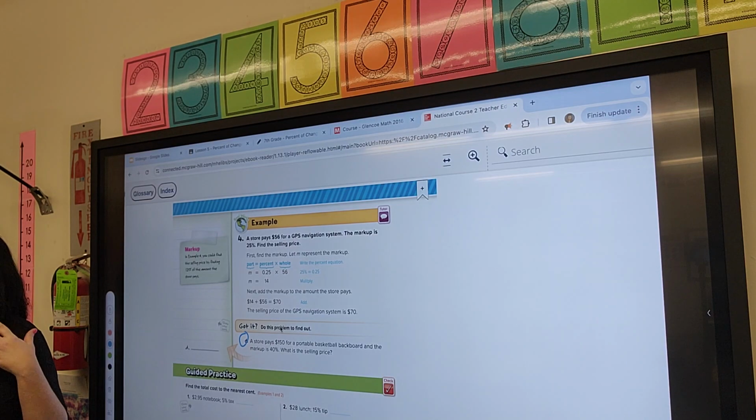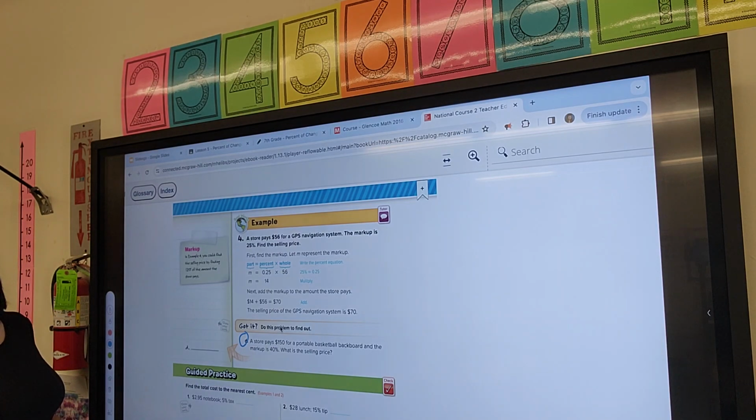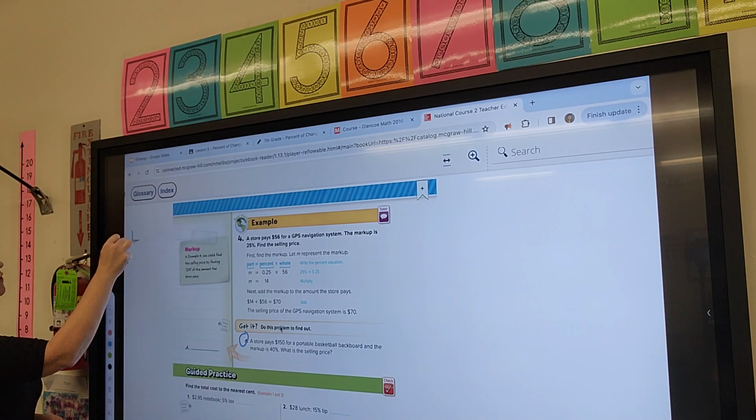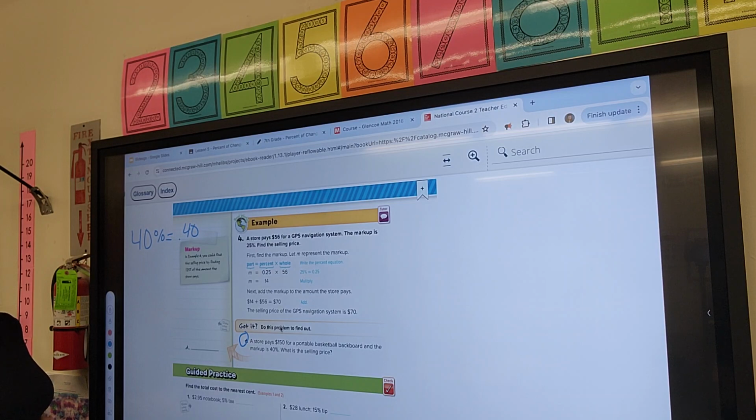This is done exactly like tax and tip. Look up here, please. We change our percent to a decimal. 40% equals 0.40, 4/10. And then multiply that by the cost of the basketball hoop.